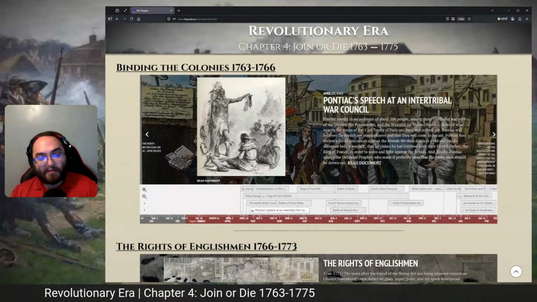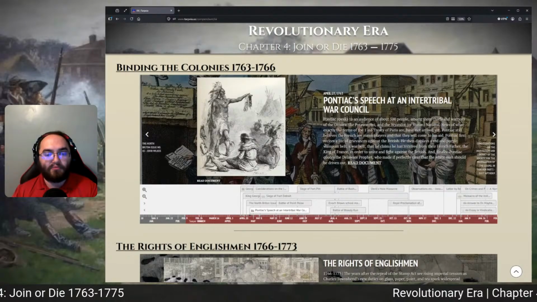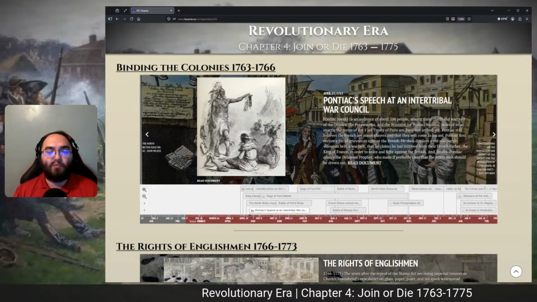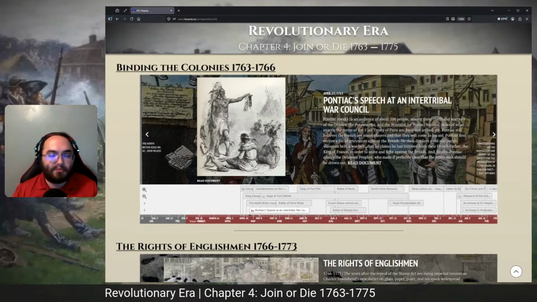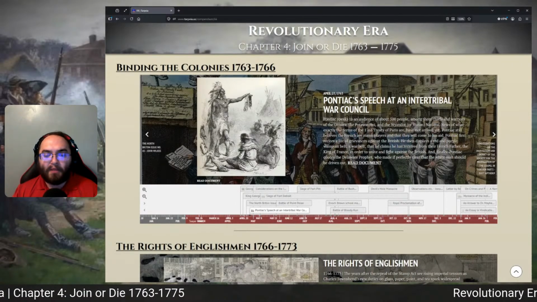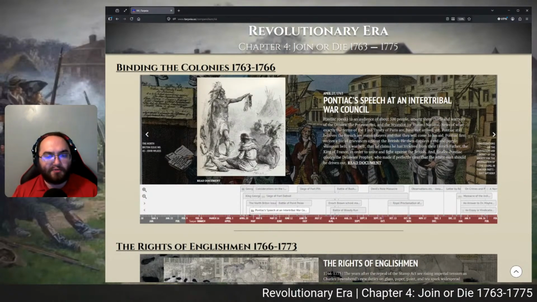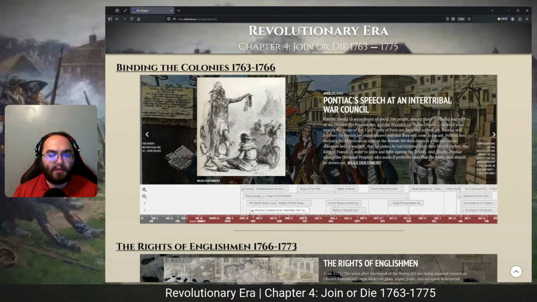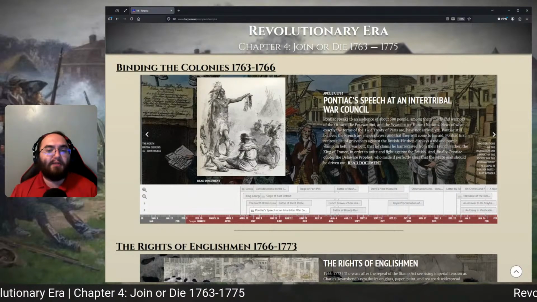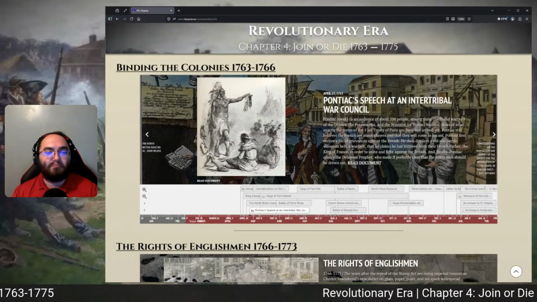And so Pontiac organizes an intertribal war council, and we actually have a speech because some French colonists were there to witness it, and they wrote at least excerpts of it down to the best of their ability. And so in Pontiac's speech, he believed that the French were going to continue fighting, and so he's rallying the Native Americans to continue fighting the British. And so this is the start of what people call Pontiac's Rebellion.